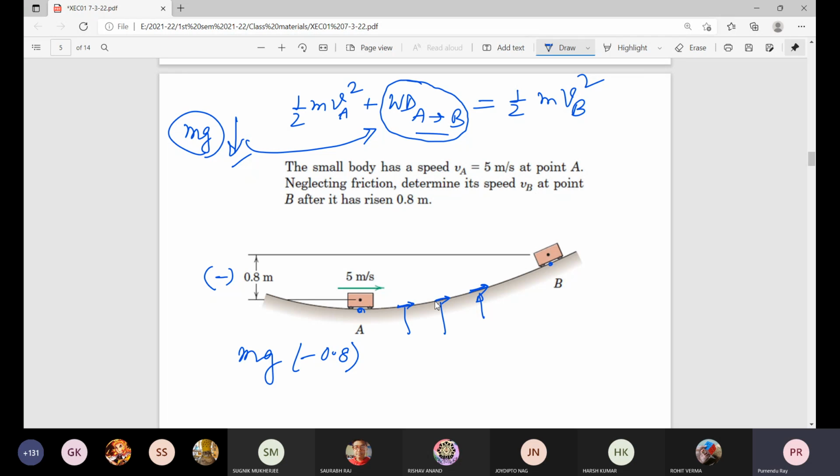So this type of problem is not difficult, but needs a little care. So in this work energy equation, the work done from configuration A to configuration B is the difference in kinetic energy, final kinetic energy at B minus initial kinetic energy at A.